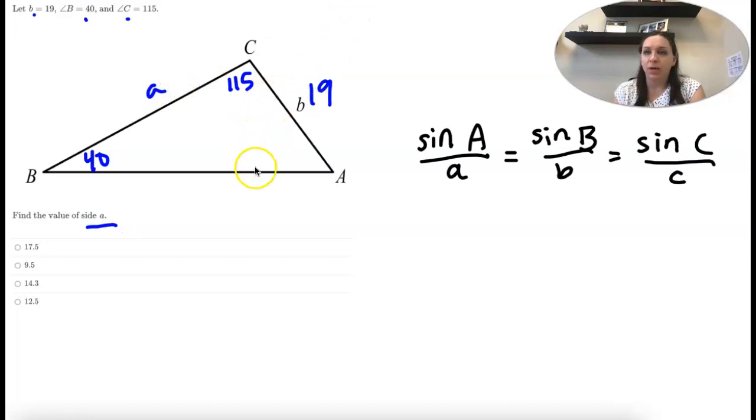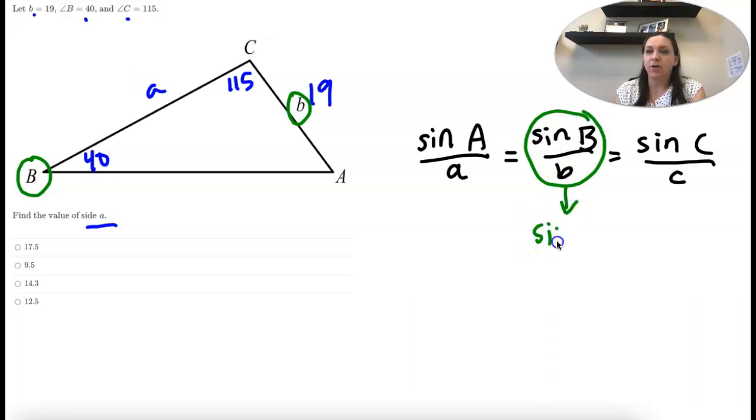Alright, so when I figure out which ones I'm going to use, I have angle B and side B. So I'm going to use that part of the formula. And then I want side A, but do I have angle A? No, but can I get angle A?